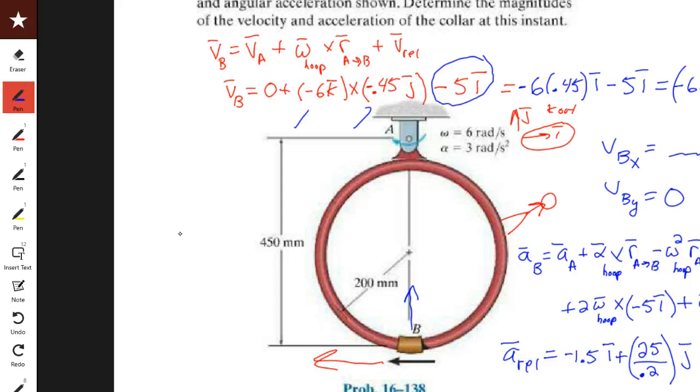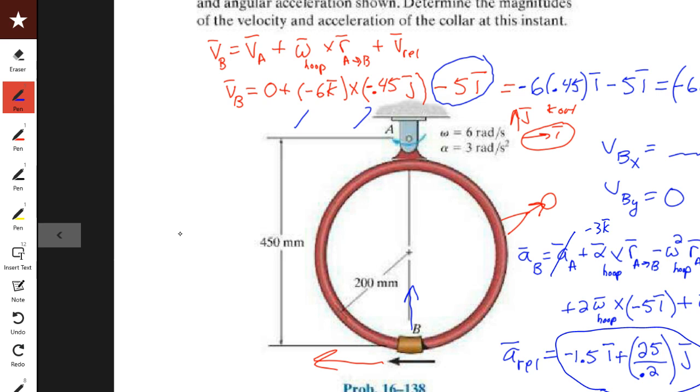So what I'm going to do is put this, which is the relative acceleration, into here. And how many unknowns? The acceleration of A is 0 because he's in permanent contact with the ground. The alpha of the hoop is given, which looks like minus 3k.